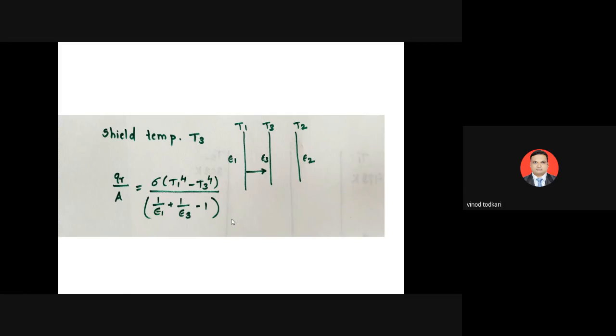QR upon A is equal to sigma into bracket T1 raised to 4 minus T3 raised to 4, divided by 1 upon epsilon 1 plus 1 upon epsilon 3 minus 1. I can also cross check my answer. How can I cross check my answer? I have to write the equation QR upon A is equal to sigma into bracket T3 raised to 4 minus T2 raised to 4, divided by 1 upon epsilon 3 plus 1 upon epsilon 2 minus 1.